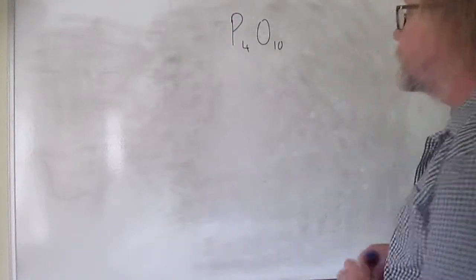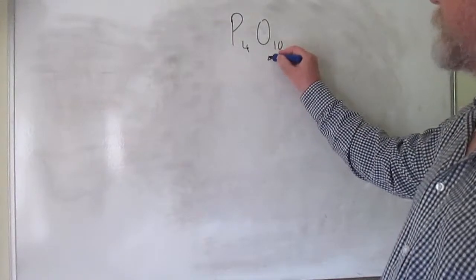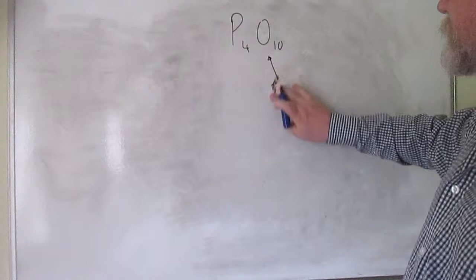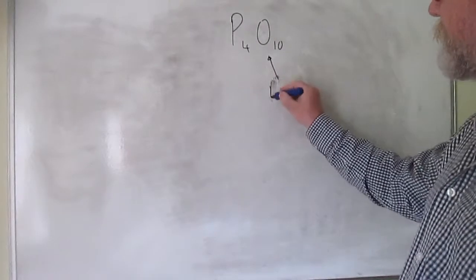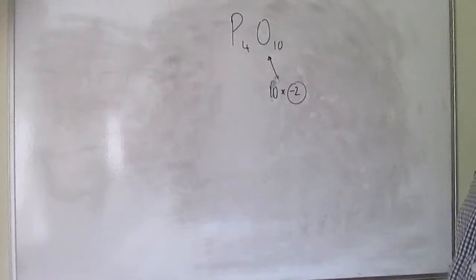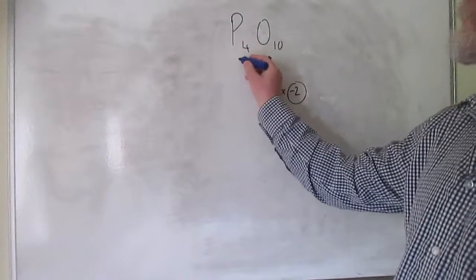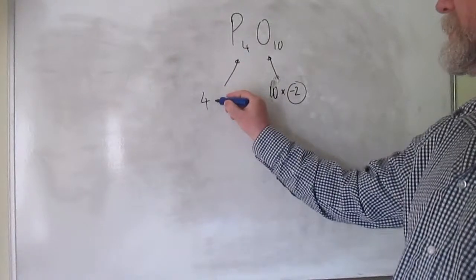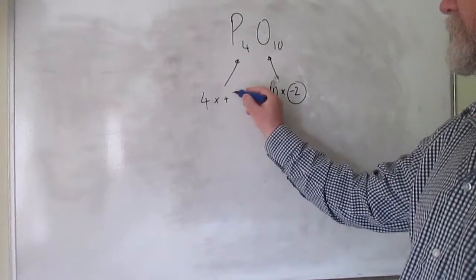So you work out the oxidation state of the phosphorus. We've got 10 lots of -2 there, which takes you to -20, and therefore the phosphoruses must add up to +20, and there are 4 of them, so it's 4 lots of +5.